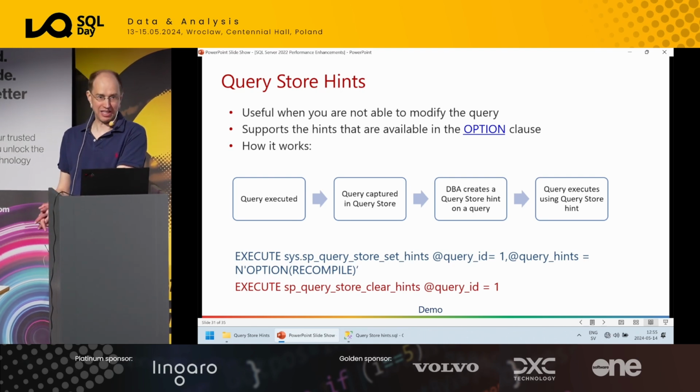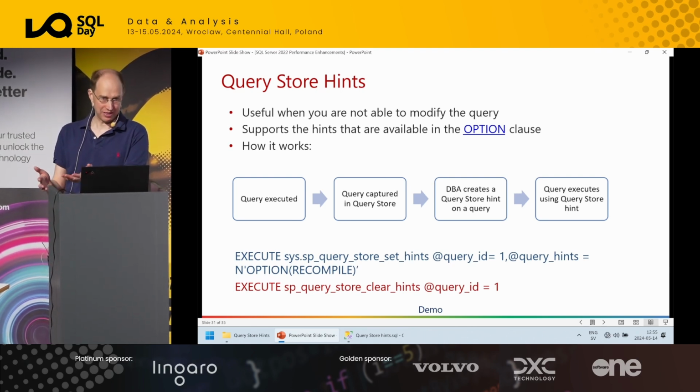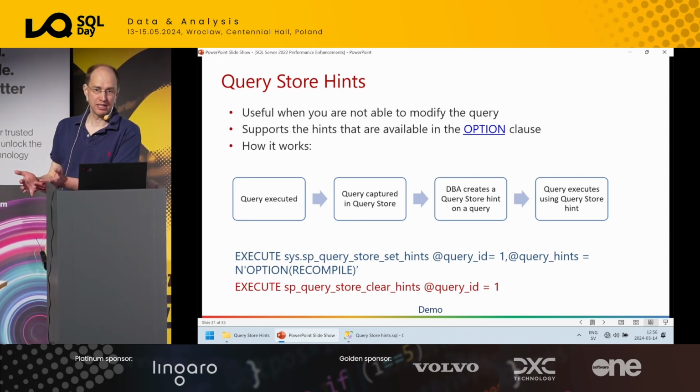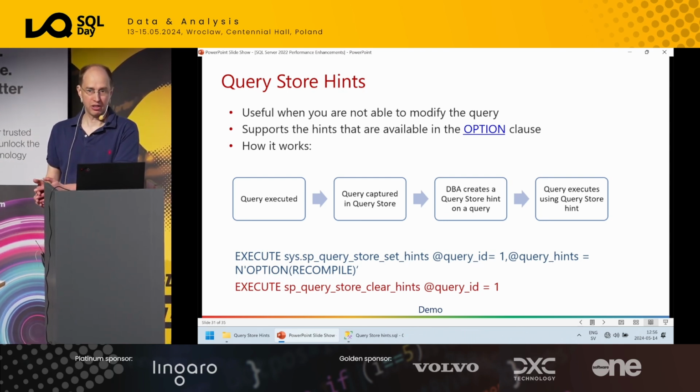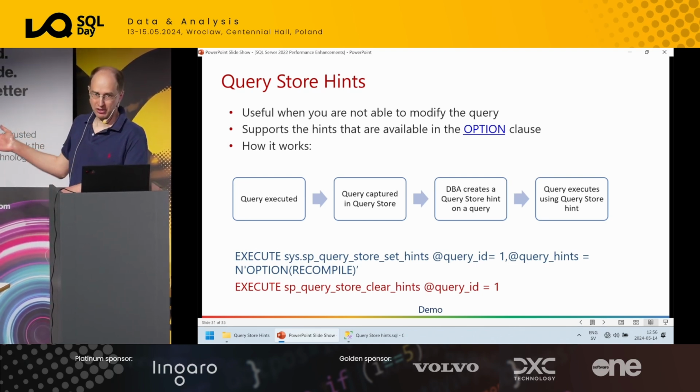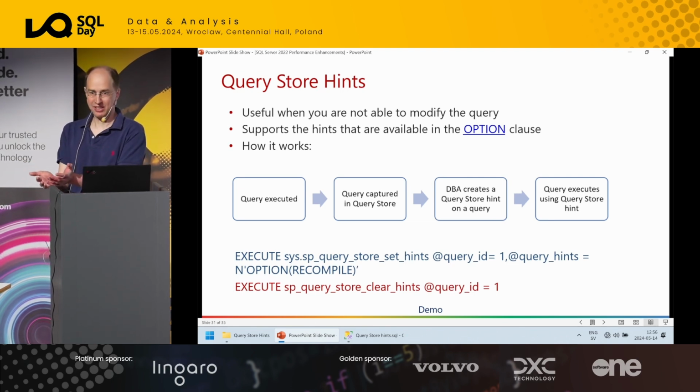And then new queries come into Query Store with a new query ID, and that query will not have any hints. So the stored procedure will be executed without the hint.